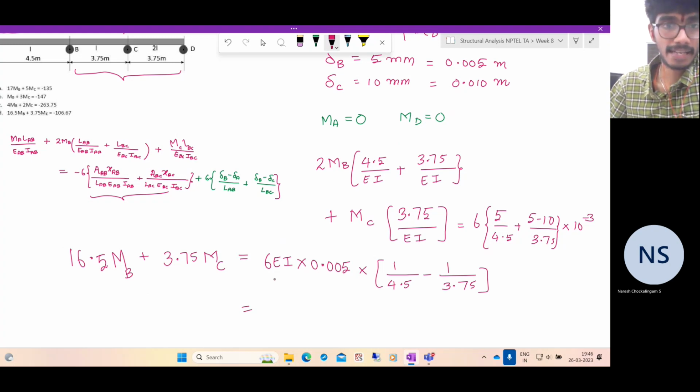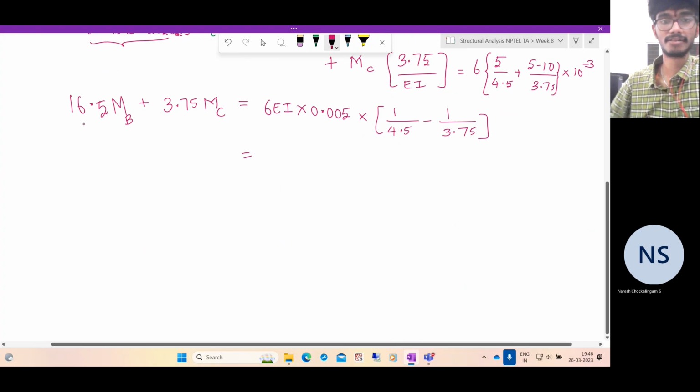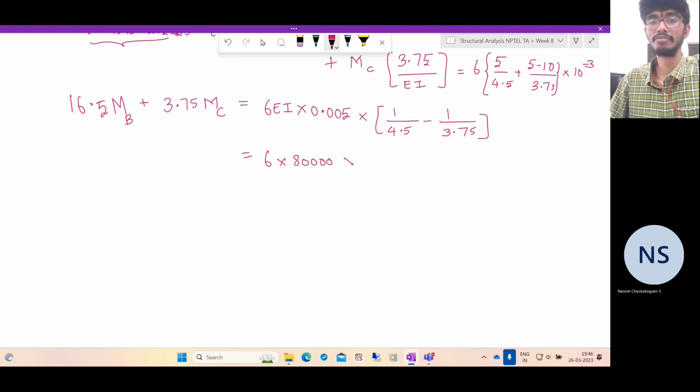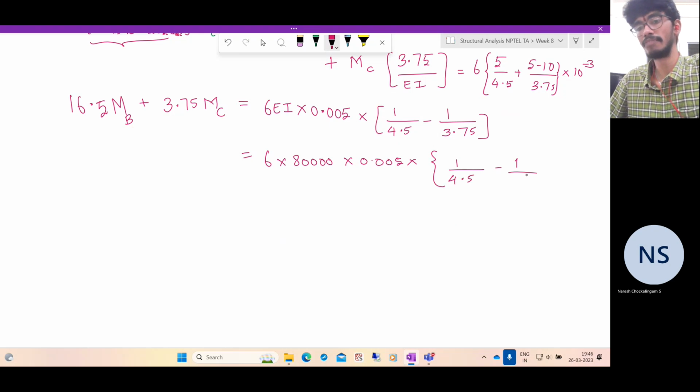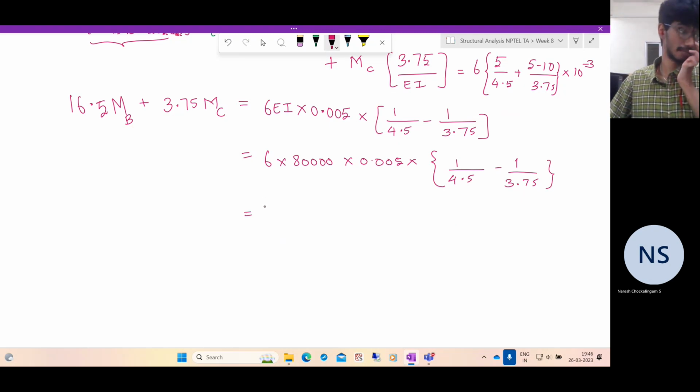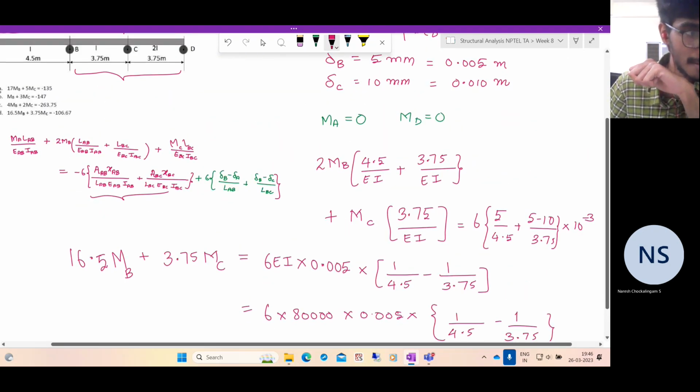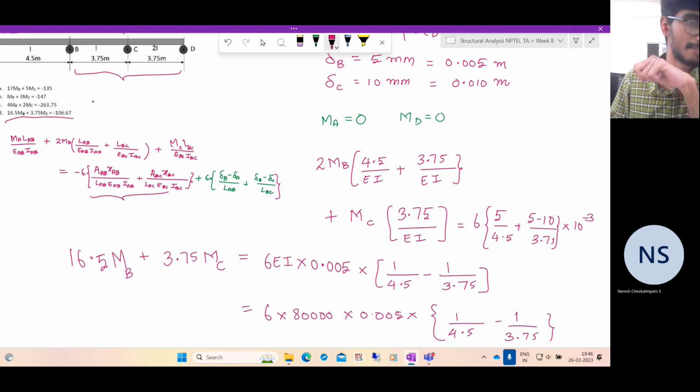EI is given as 80,000 kilonewton meter square, so it is 6 into 80,000 into 0.005 into 1 by 4.5 minus 1 by 3.75. What we get is minus 106.67 kilonewton meters. This is the three moment equation for this span, and it matches option D: 16.5, 3.75, minus 106.6.